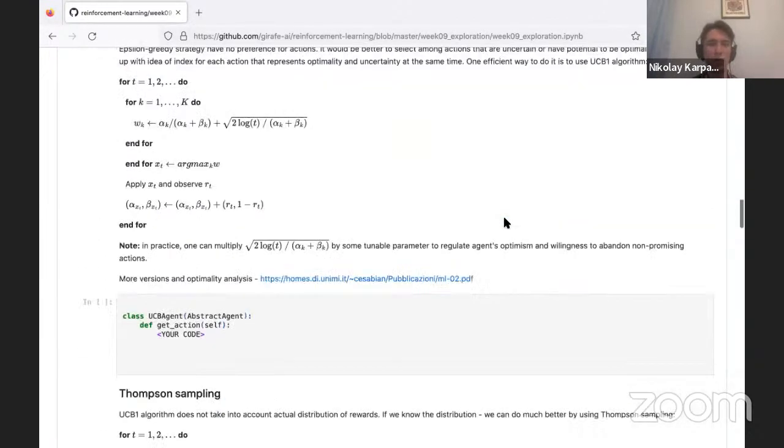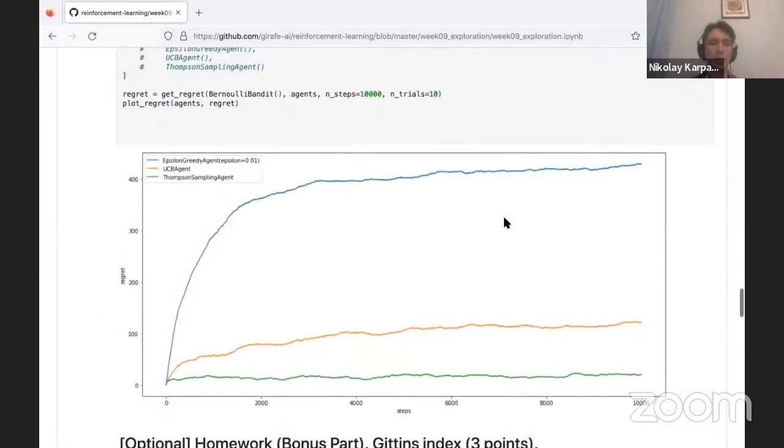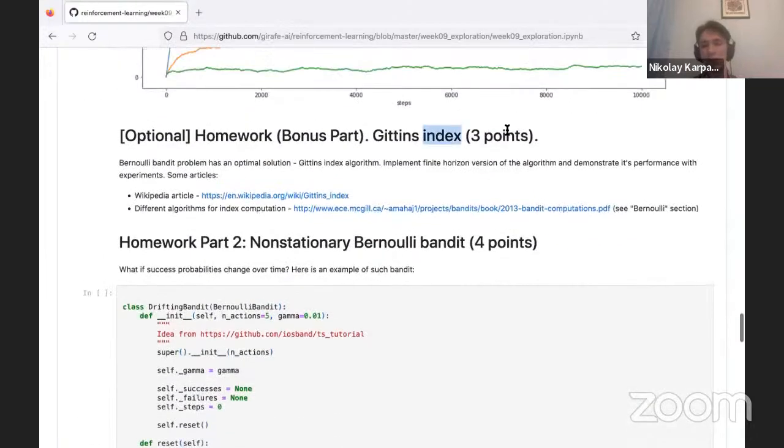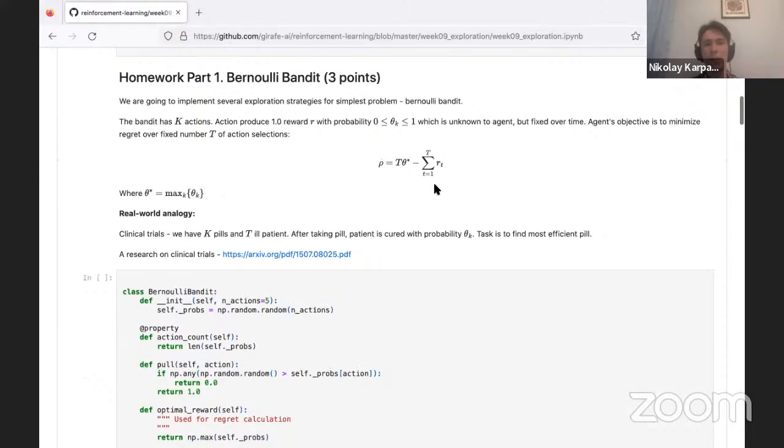You could also do the bonus part with the implementation of Gittins index and get 3 bonus points, but that's not obligatory. This means that the 100% score for this homework would be 4 plus 3, 7 points.